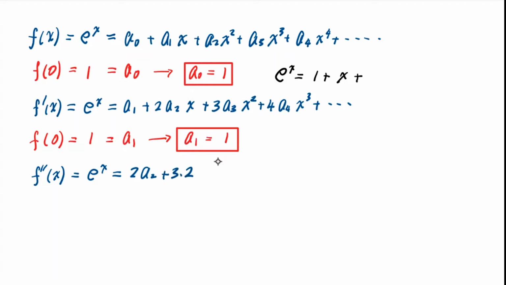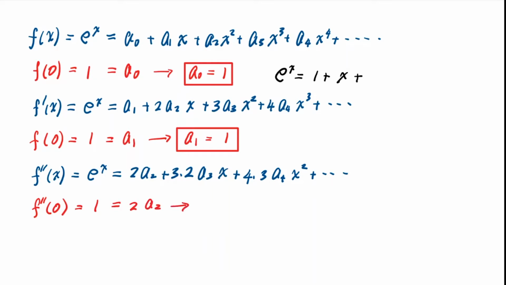Let's keep it like that instead of multiplying it out to 6, for bookkeeping reasons, because we have to see the pattern really fast. a3x plus the next one, 4 times 3, a4x squared, and so on. Correct? And guess what I'm going to plug in for x? That. So it's still 1, and we have 2 times a2, and the rest of them still die, right? So a2 this time is equal to 1/2.